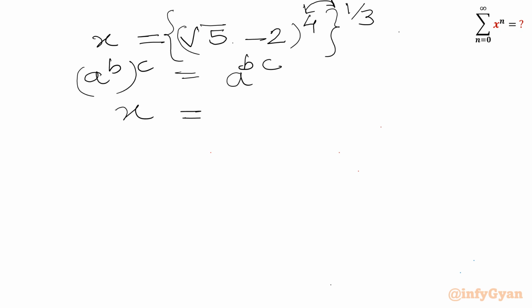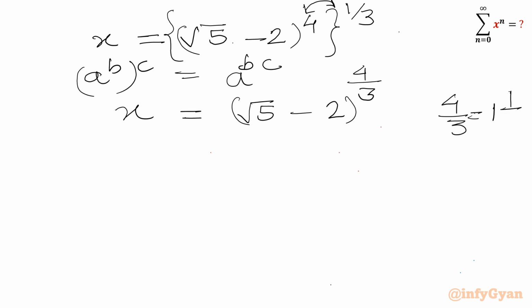I will write x equal to root 5 minus 2 whole power 4 over 3. Now 4 over 3 as a mixed fraction is 1 whole 1 over 3. So I can write over here root 5 minus 2, power will be 1 plus 1 over 3.